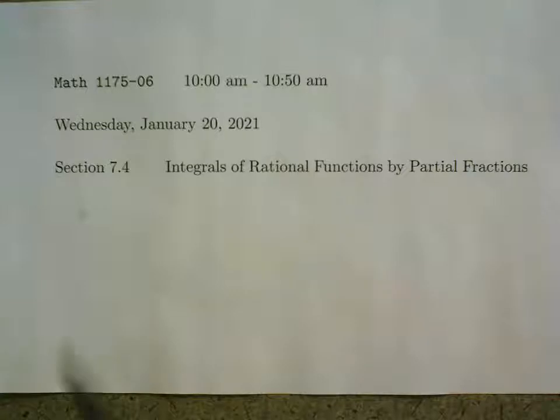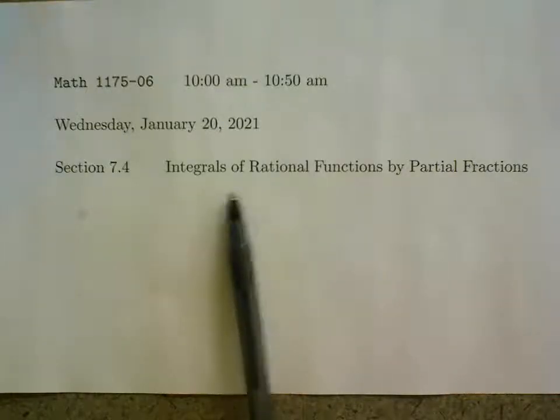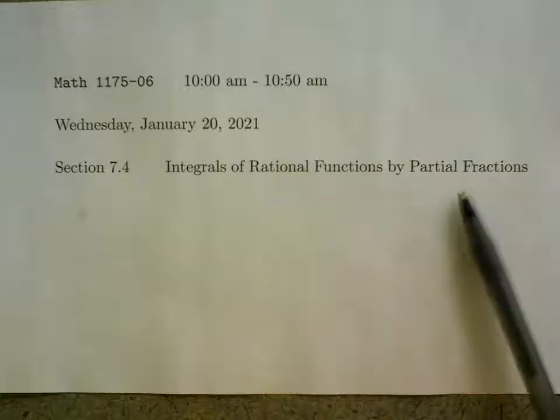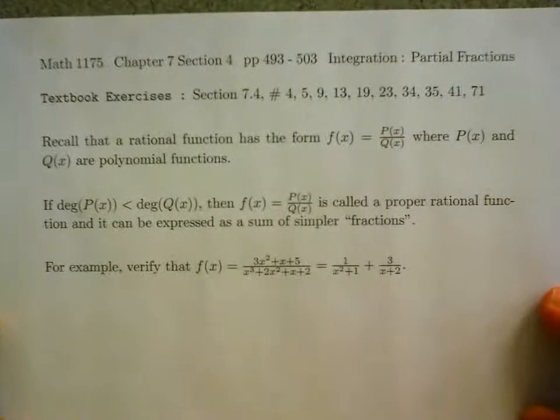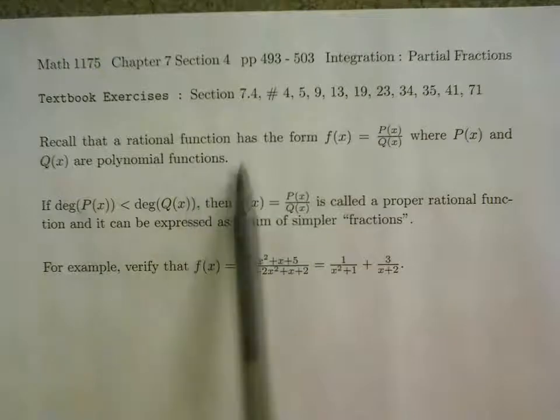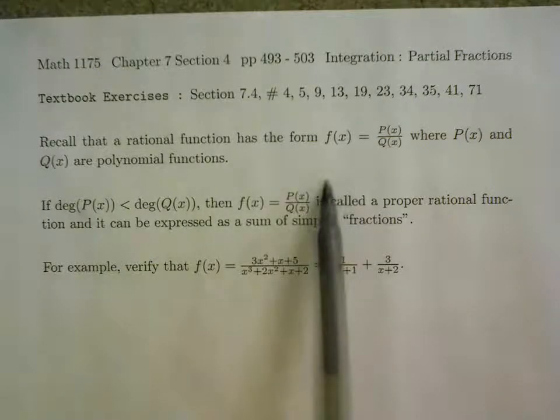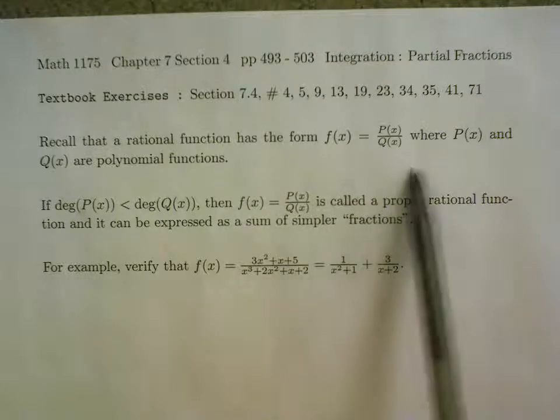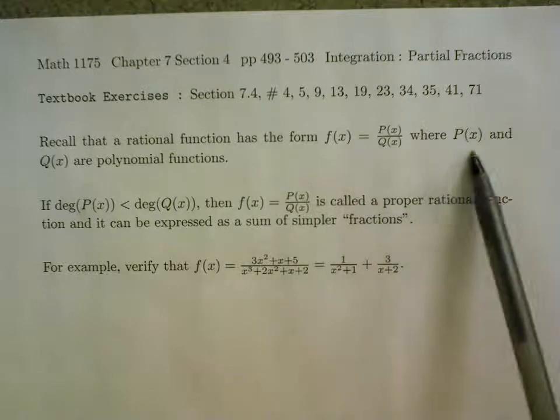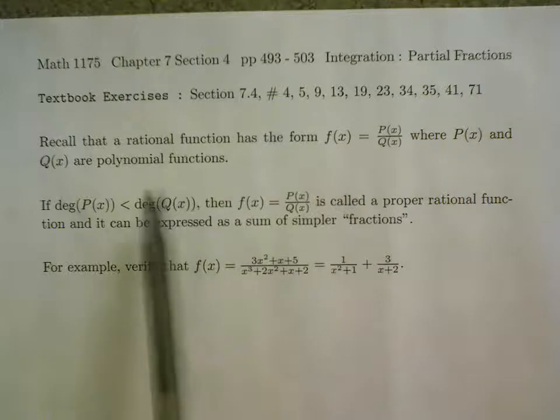Today we'll be starting section 7.4 on integrals of rational functions by partial fractions. Recall that a rational function has the form f of x equals p of x over q of x, where p of x and q of x are polynomial functions.